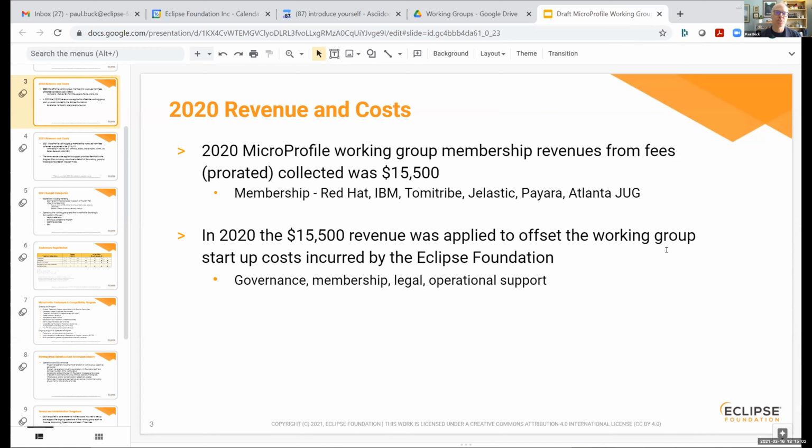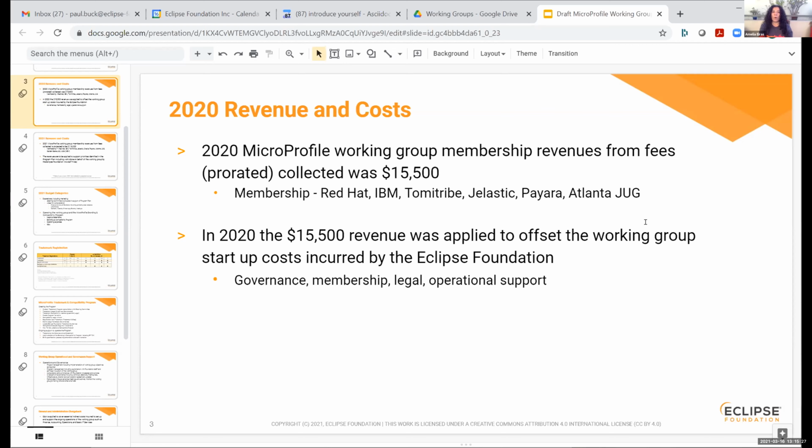So the revenues that were collected in 2020 went to offset the startup costs of the working group in 2020. And with that contribution, we seal off the startup costs for the foundation and shift it fully into operating mode in 2021.